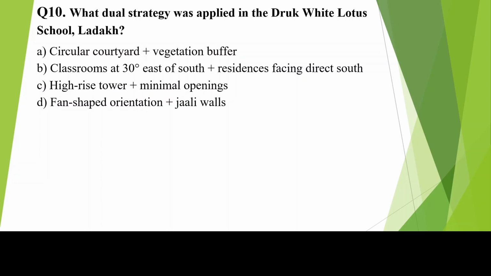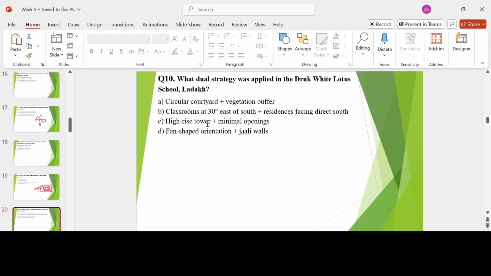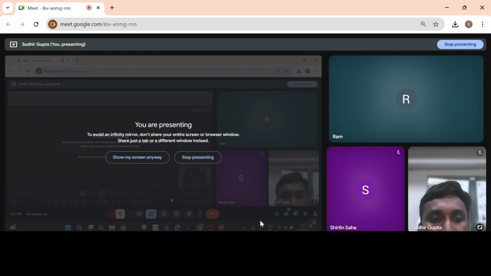So try to give your answers for this question number 10. This is a very important question and we have discussed it also, so based on the discussion all of you can easily answer this question.